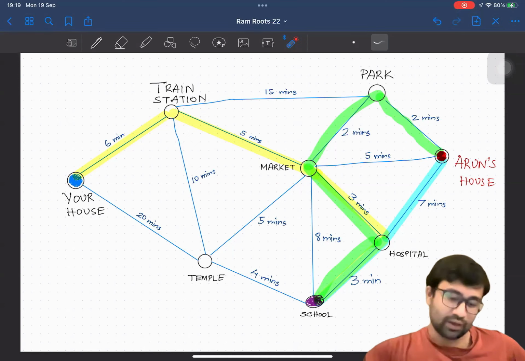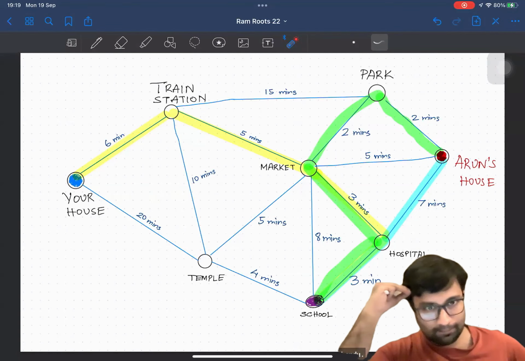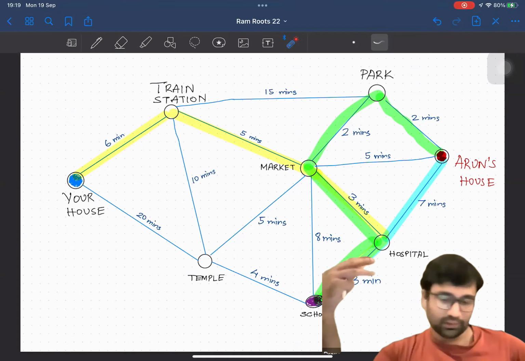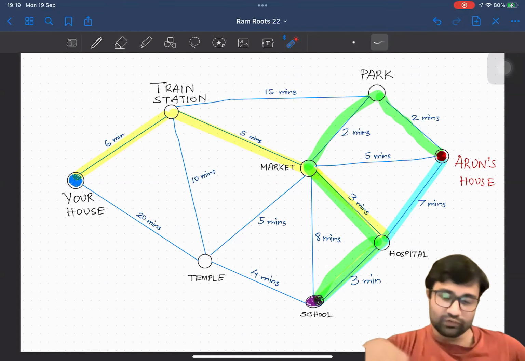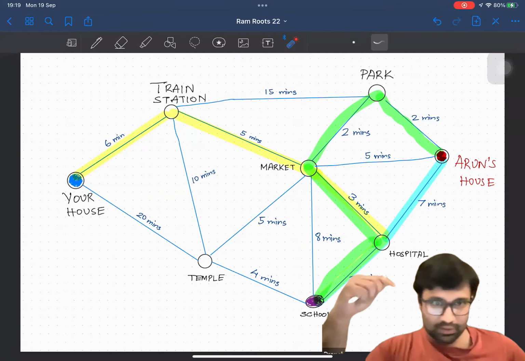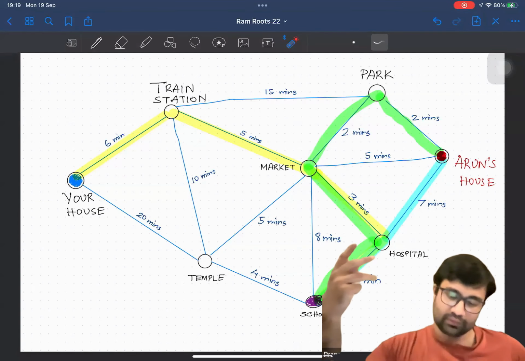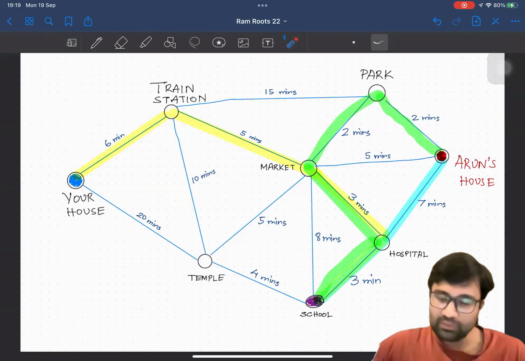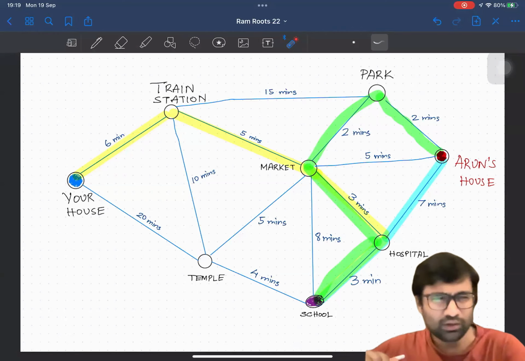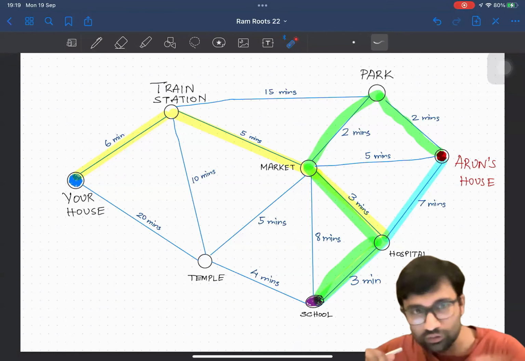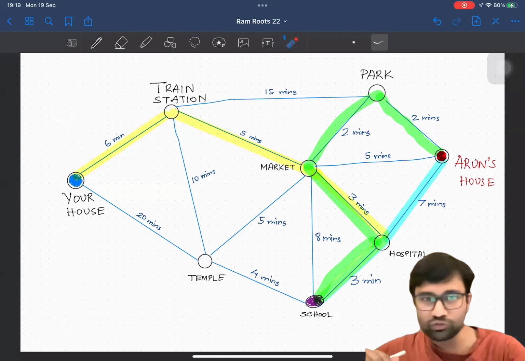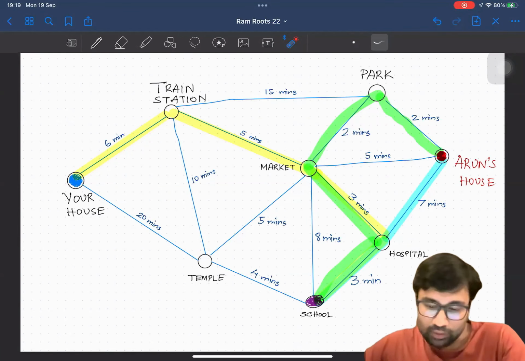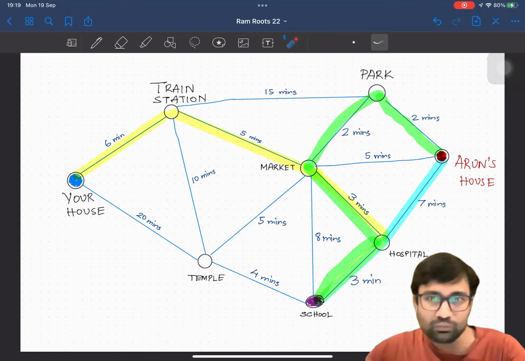Even in this example of a map that I've drawn, there are multiple choices, and you have to examine a lot of different ways of going from one place to another, and hopefully you come to an interesting way of doing this. Like maybe the fastest way somehow. So we have drawn a couple of paths, like going from your house to Arun's house, or your house to school, or Arun's house to school, and we came up with some of these routes which we believe to be the fastest way of going there, right?